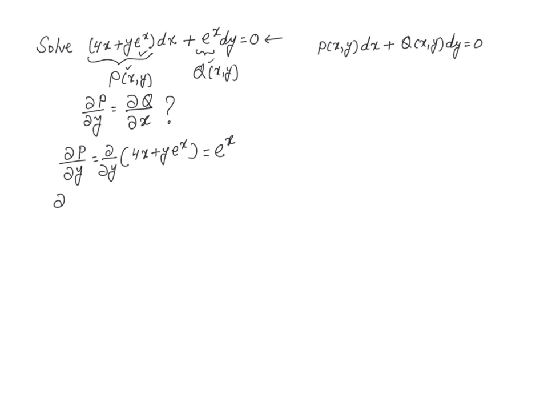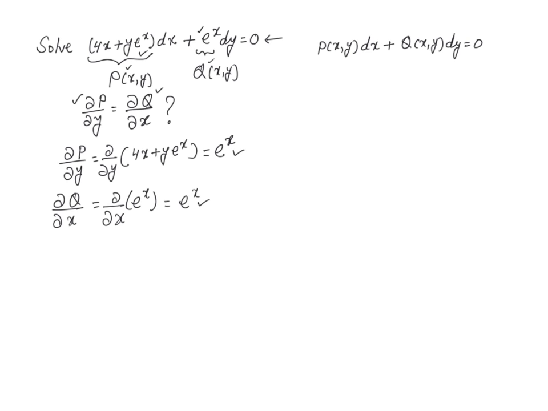Now let's find del Q over del x. That is del over del x of e to the power x, because Q of x, y is e to the power x, which is nothing but e to the power x. So this and this are equal. So in essence, del P over del y is equal to del Q over del x.